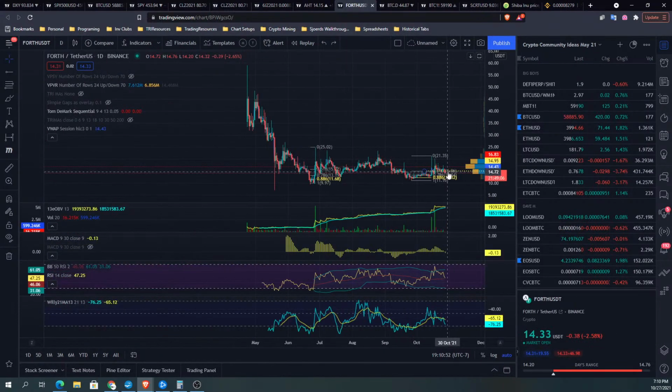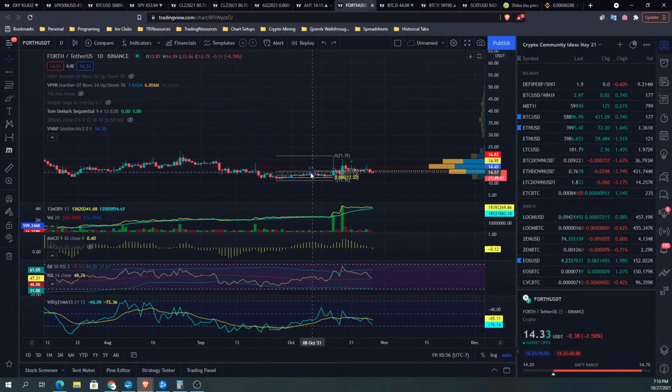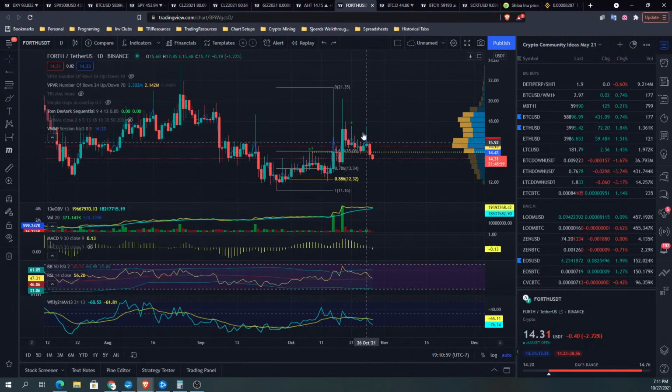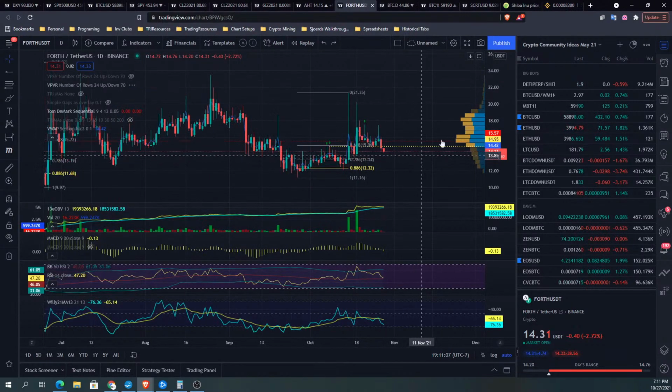So I don't know. This looks like a very different story. This is not at the top of the move. This is kind of at the bottom of the move, but something's gone wrong here. So I don't know what's the story here, Sharky. Fourth. So this Ample Fourth, I don't know if you want to call it an algorithmic stable coin. I'm not sure exactly what it is, but it's a coin that usually tries to be pegged at $1.